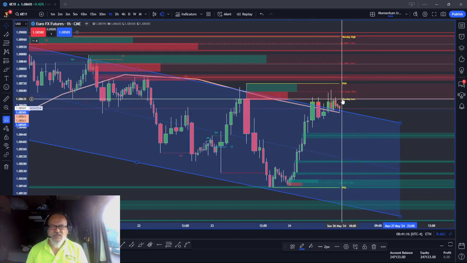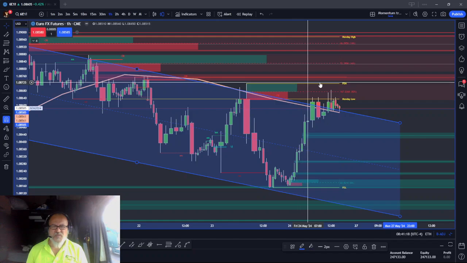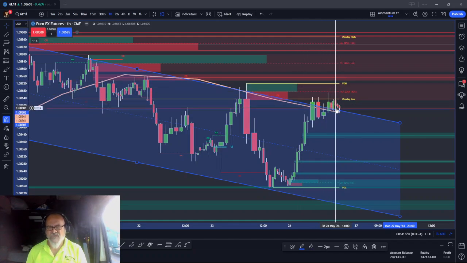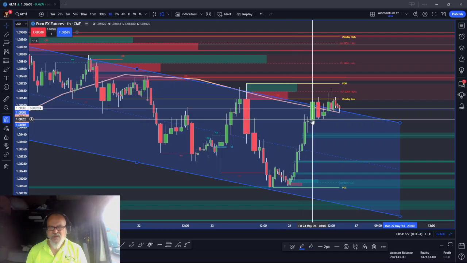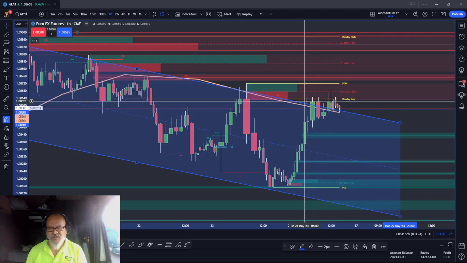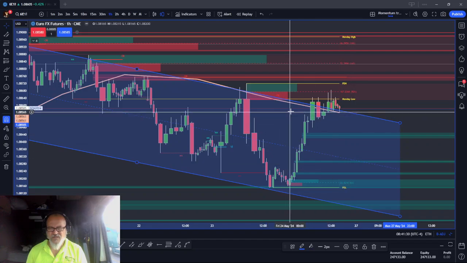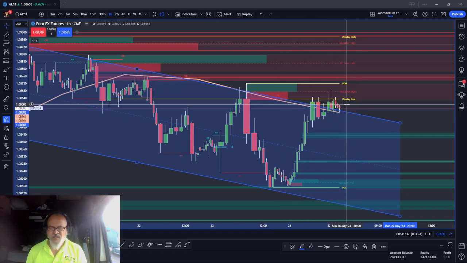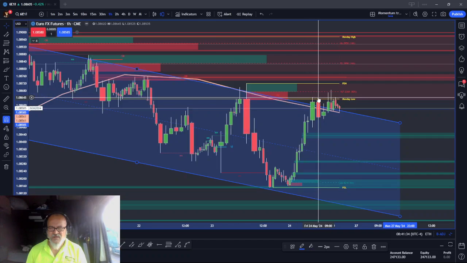We did take out this liquidity, but there is more up here to take if we want to. And we did hit this order block and we didn't displace off of it, so I'm kind of interested to see.